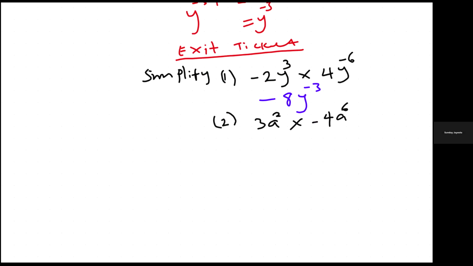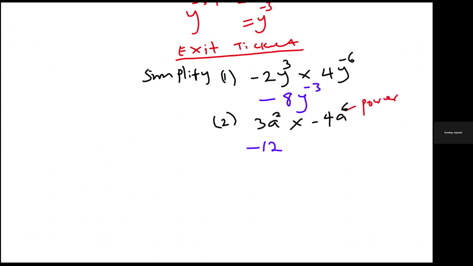Let's see. The sign here is positive and there is negative. Wherever your signs are different, when you are multiplying or dividing, it's going to be negative. But when they are the same, it's going to be positive. That is only when you are multiplying or dividing. So this is positive, this is negative, that becomes negative. This is your 3, and this is your 4, that becomes 12. The powers of a, 2 and 6, are both positive powers. Don't forget this is power.